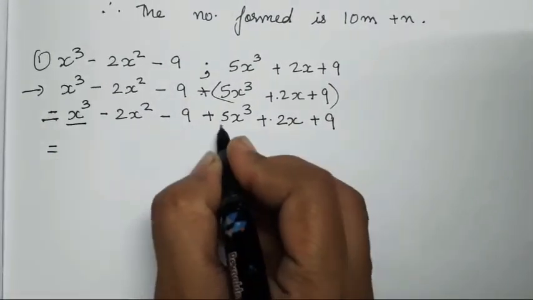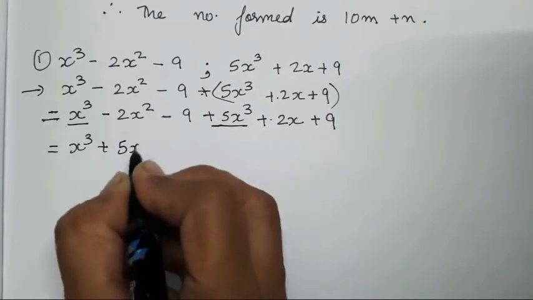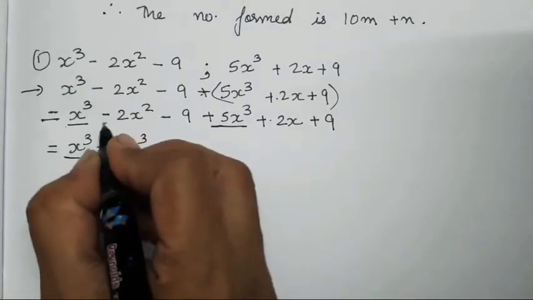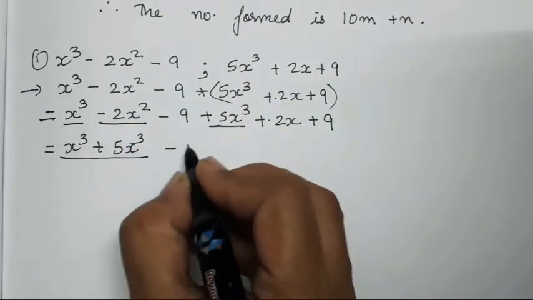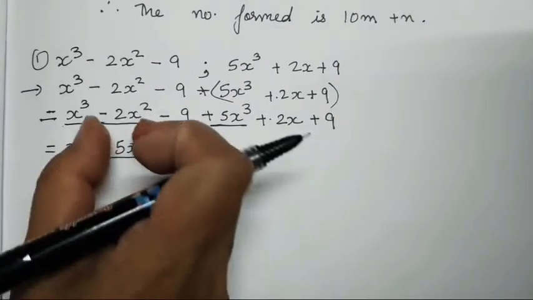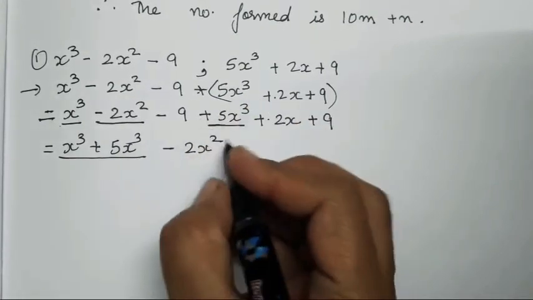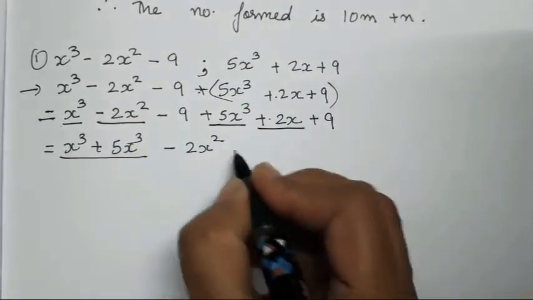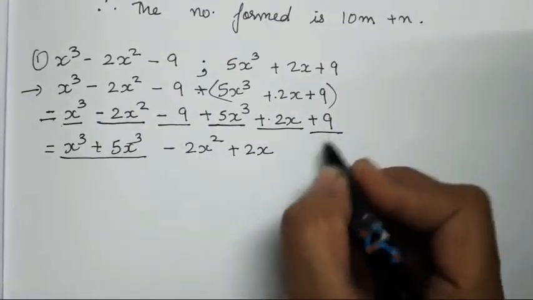Now what we have to take? We have to take the like terms. Okay, so x cube plus 5x cube, underline it. Next is minus 2x square, which is alone. You all have to only check the power. This is alone, you are not having any pair with it. Next is plus 2x, this is also alone. Then minus and plus 9.